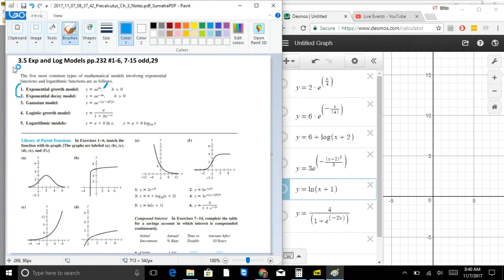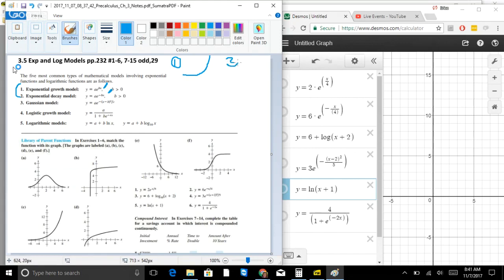We have e to the x power and we have e to the negative x power. We have a b in there that it's getting multiplied by. But exponential growth, if you just think about what is exponential growth, you would expect something to start off growing slowly and then grow exponentially, right?